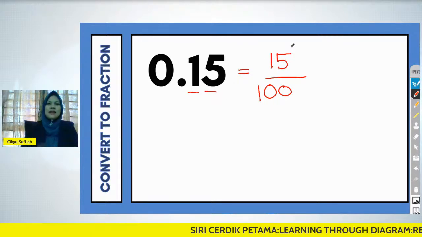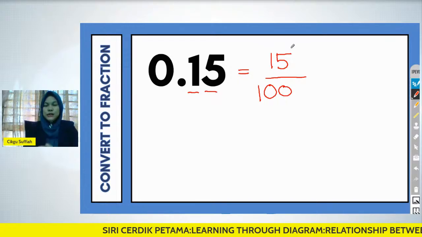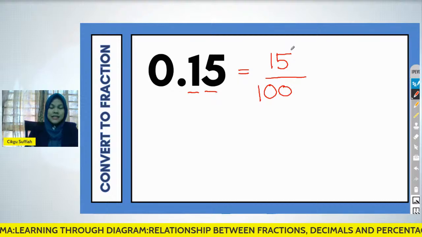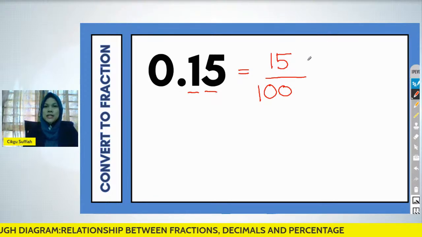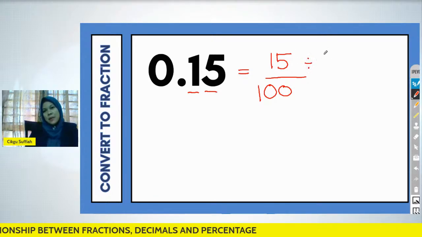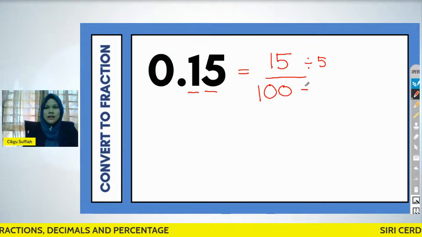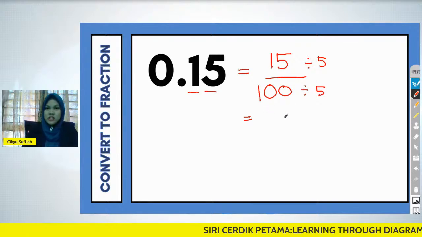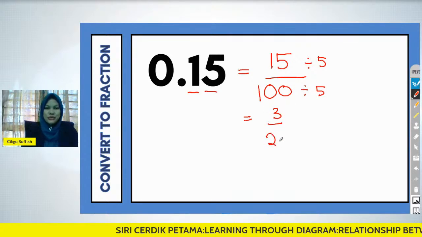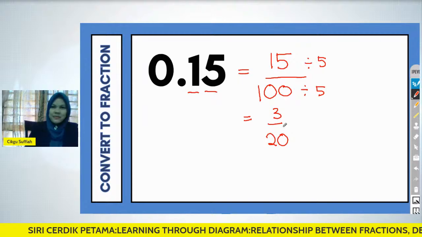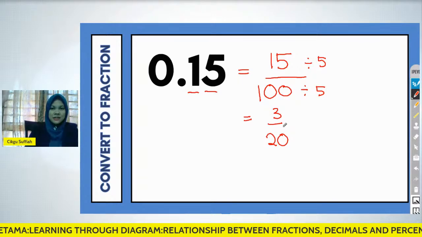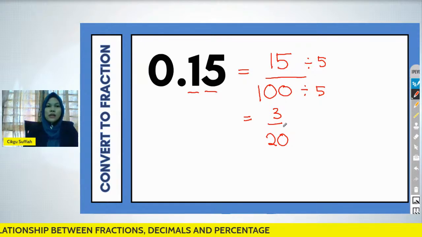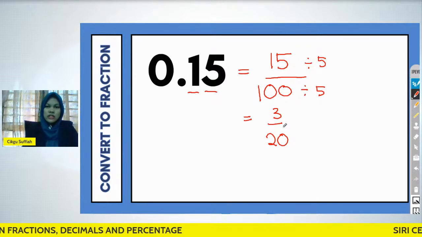That's it. Next step, you just need to simplify. Simplify is actually an easy step where you just need to, 15 can divide by 5, 100 can divide by 5 as well. 3 over 20, let me check. 3, yes, true, correct, very good. 15 divided by 5 is 3. 100 divided by 5 is 20. So that is the answer. So 0.15 is equal to 3 over 20.